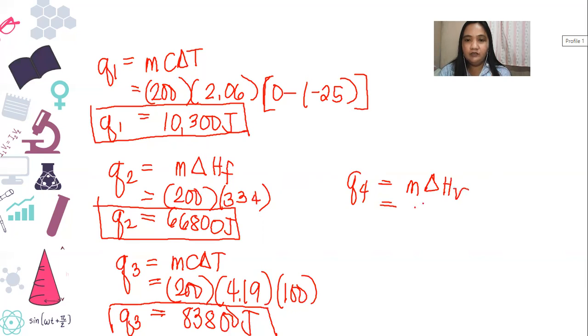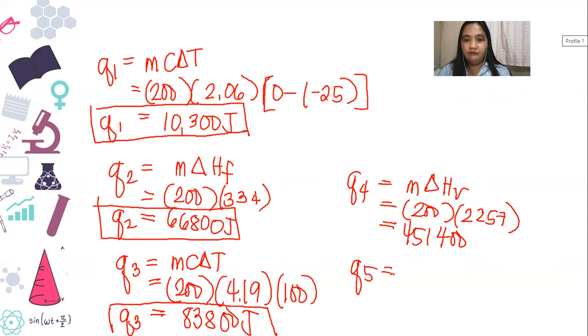The mass is 200 times the heat of vaporization of water, which we're given in this problem as 2257. So that's just 200 times 2257, which is 451,400.